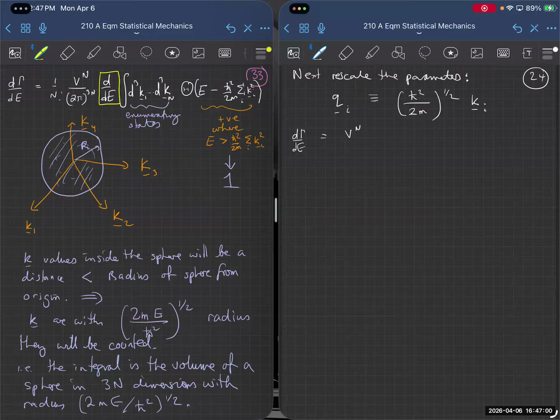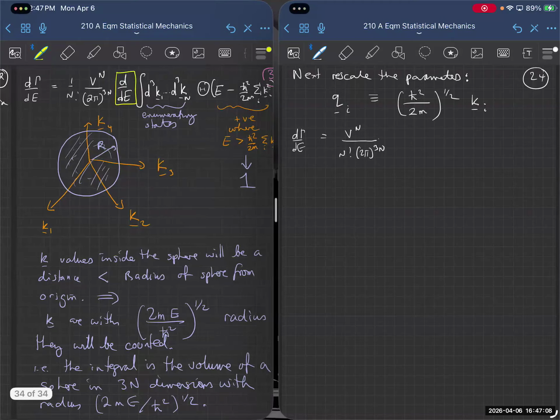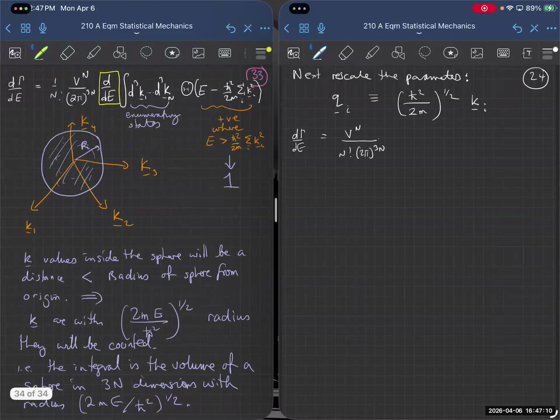v to the n factorial, 2 pi to the 3n, then I'm going to be changing my variable in the integral from d3k to d3q. And so d3k to d3q, the Jacobian of that transformation is h bar squared over 2m to the 3 halves. So what I'm going to get then is 2m over h bar squared to the power 3n over 2.